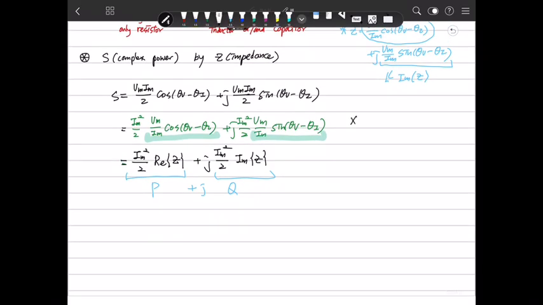Therefore we can say that P is related to real Z and Q to imaginary Z. As you see, the active power is related to the real part of Z, and the reactive power is related to the imaginary part of Z.